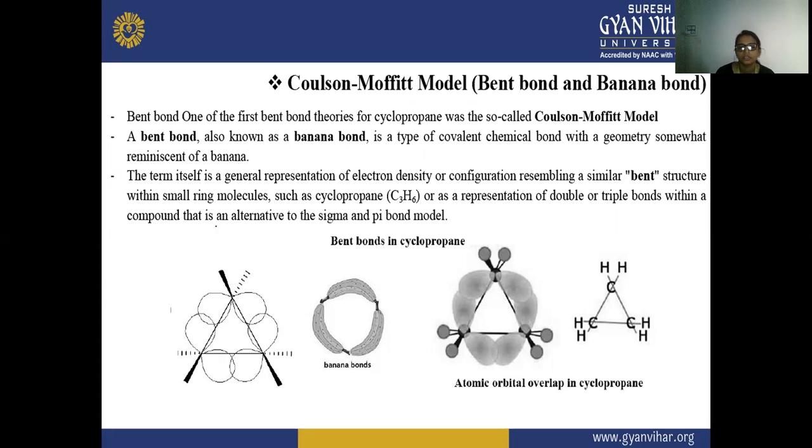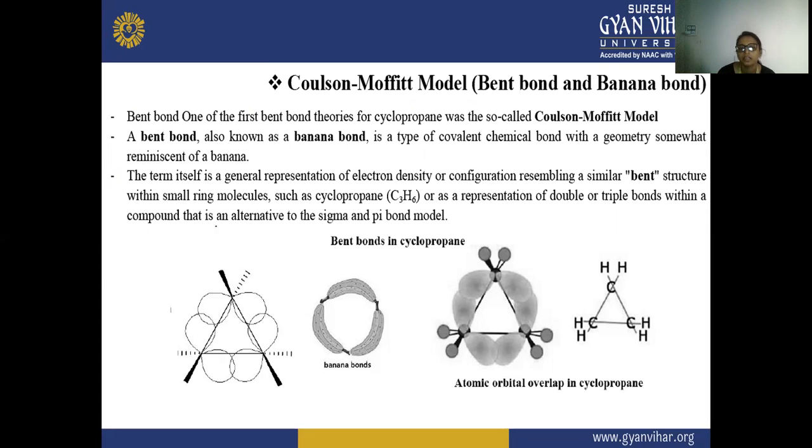Here this is shown by the Coulson-Moffatt model, which shows the bent bond theory in cyclopropane. This model shows the bent bond theories in cyclopropane, an alternative to the sigma and pi bond.